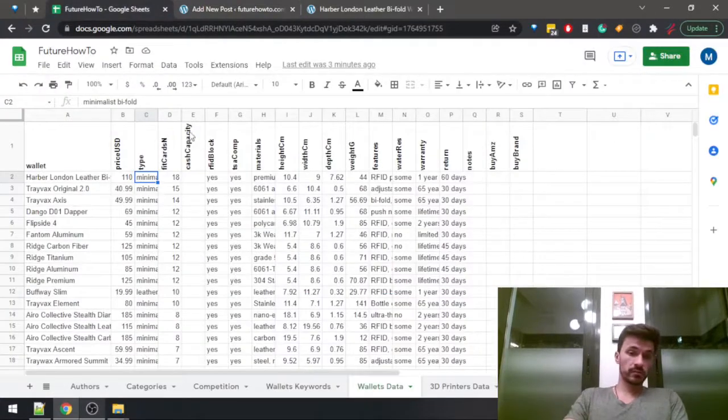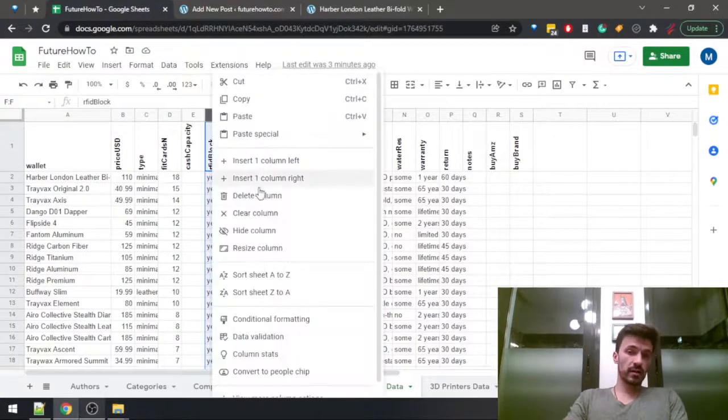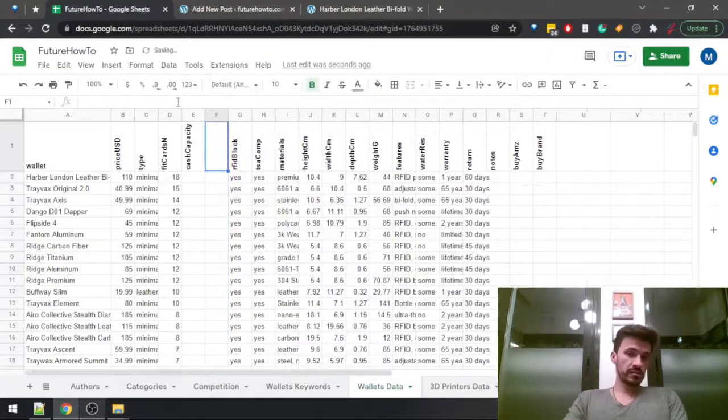There we go. I'm going to add this as a column as well. I cannot give it any more raw to you than this. So this is how I do it. This is coin capacity.